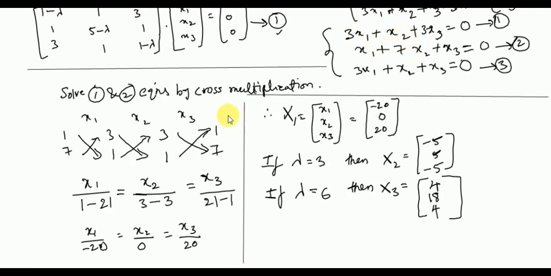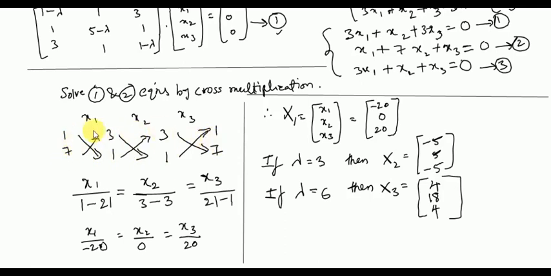Write down x1, x2, x3: the x2 coefficients are 1 and 7, the x3 coefficients are 3 and 1, then again the x1 coefficients are 3 and 1, and the x2 coefficients are again 1 and 7. We start with one coefficient and should end with the same coefficient.